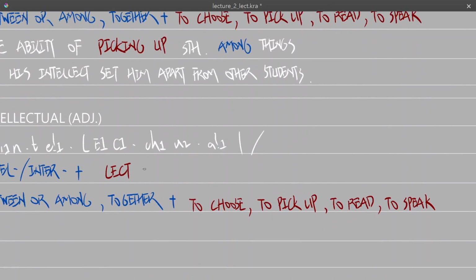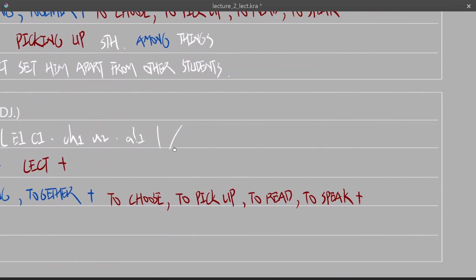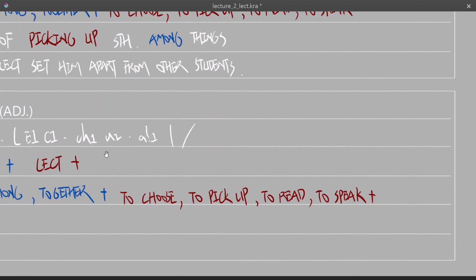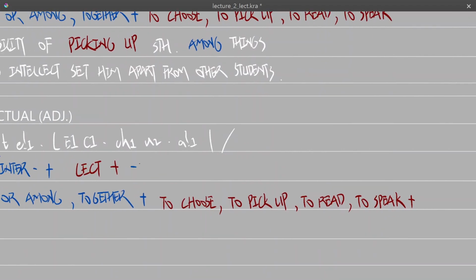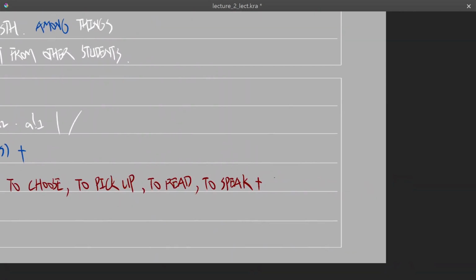And we also have the suffix us or tus, meaning somebody or something.